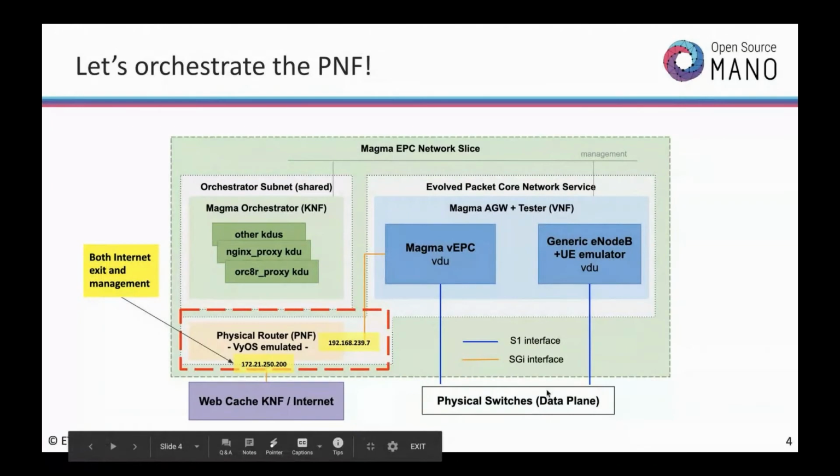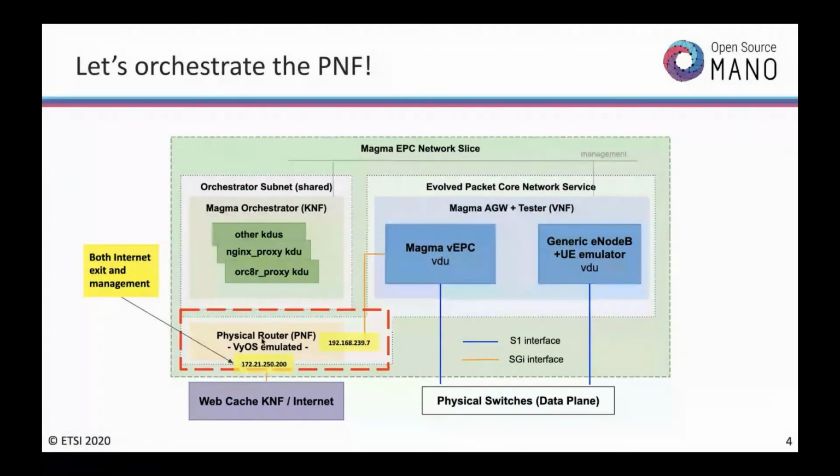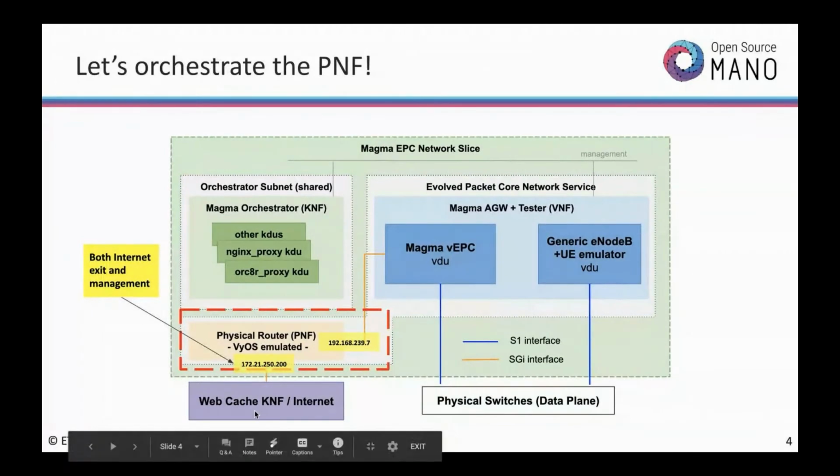That's inside the Magma core and its access. Then we are running a different primitive which is hitting the PNF to allow data plane traffic coming from the VPC towards internet. Okay. Maybe I was confused with the title of the primitive. Sorry. Okay. No problem.